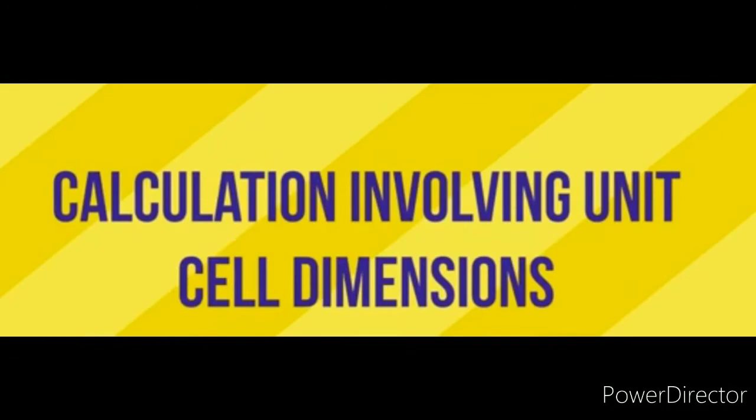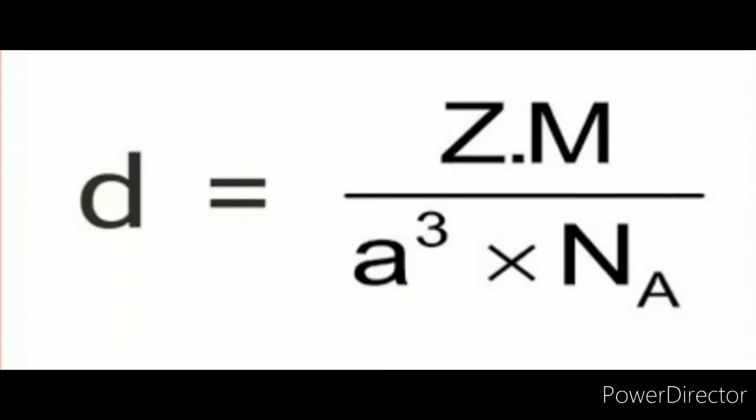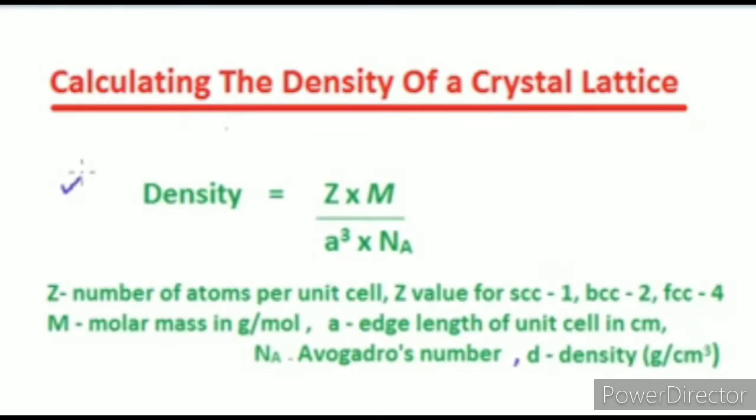Next, we move on to another topic of this chapter, calculations involving unit cell dimensions. In this area, we calculate the density of the unit cell by using the following equation: d = ZM / (a^3 Na), where d is the density of the unit cell, Z is the effective number of particles, M is the molar mass or atomic mass, a is the edge length, and Na is the Avogadro number.